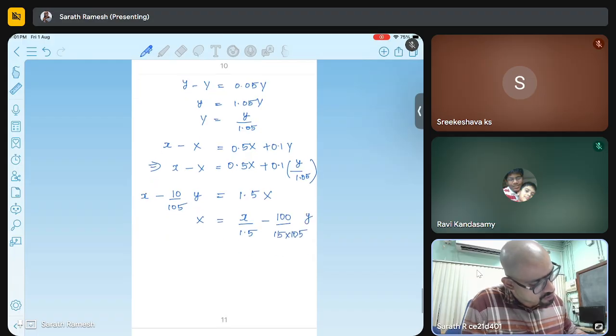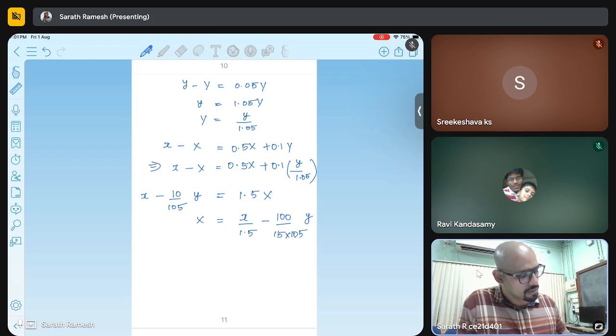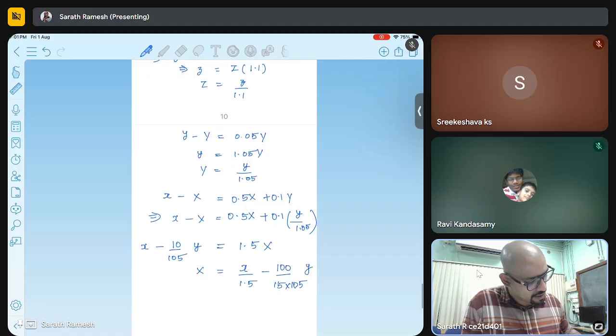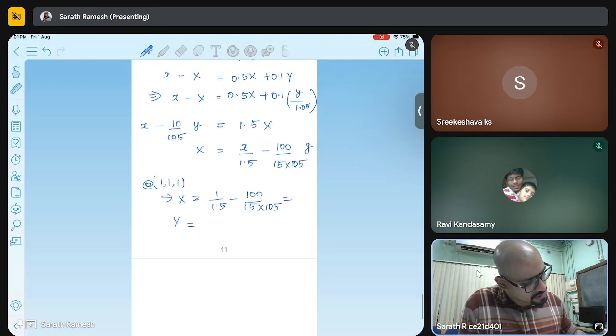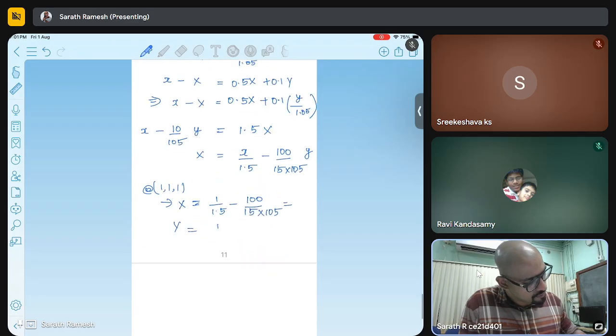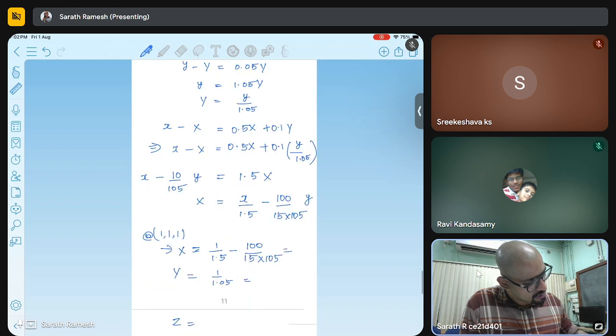When we substitute the point 1, 1, 1, we'll get capital X as 1 by 1.05 minus 0.1 by (1.05 times 1.05), capital Y as 1 by 1.05, and capital Z as 1 by 1.1.